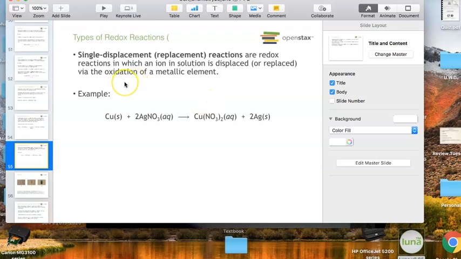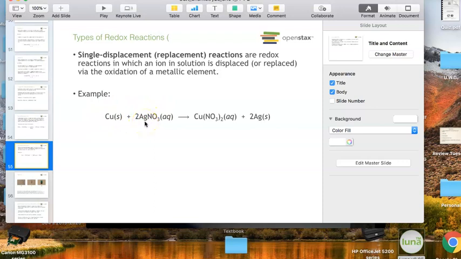Generally with single replacement reactions, the reactants are going to be some sort of single element, usually a solid, and then you have a compound. So one element replaces another element in a compound. In this example we have copper solid, and then we have silver nitrate. And so the copper, the metal, is going to replace the other metal.